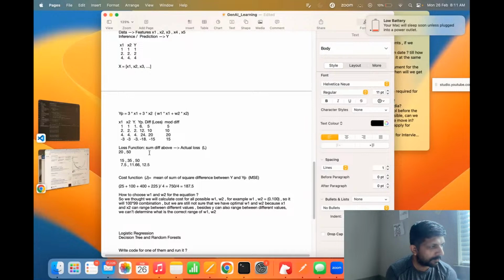To achieve it, they came up with an equation which can take the output of the algorithm that we used here, YP, which gives me a regression value, and convert it into a classification that tells me whether it is 0 or 1.